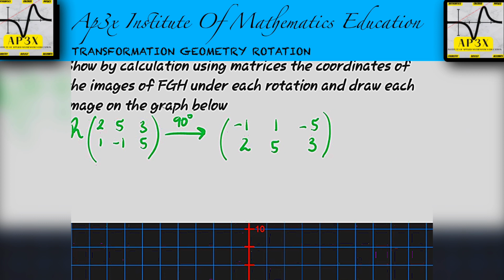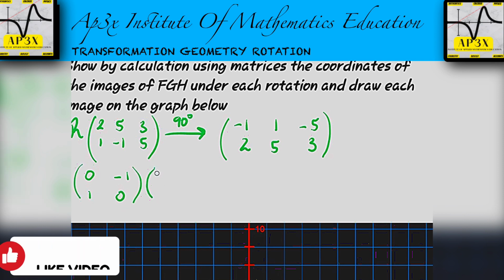Now, when the question says use matrices, what you're saying there is that you should actually use the matrix. I think the matrix for 90 degrees is in fact 0, negative 1, 1, 0.